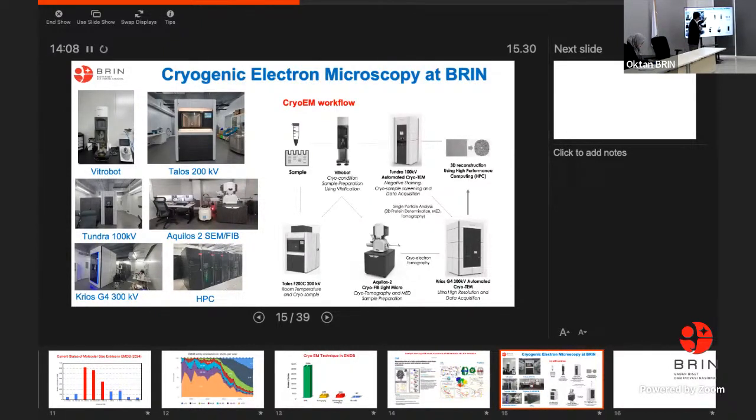If you want only to see the TEM, you can use the Talos, or you can use the Vitrobot for sample preparation and analyze directly on the Krios, Tundra, or Talos. Or if you want to do cryotomography, then after sample preparation, you go to Aquilos 2 for making the lamella and analysis using the Krios.